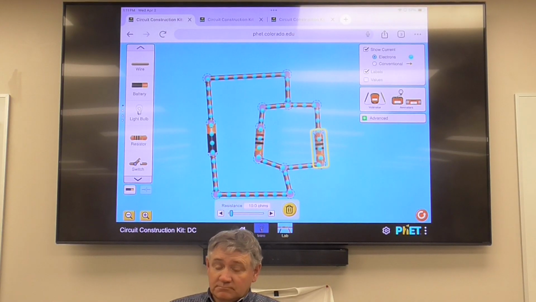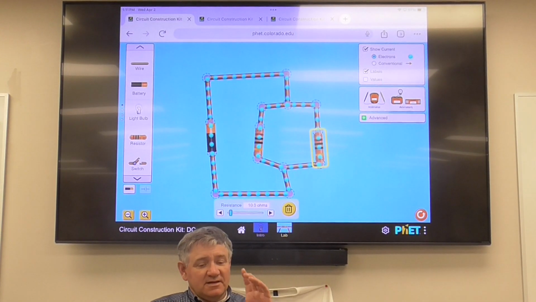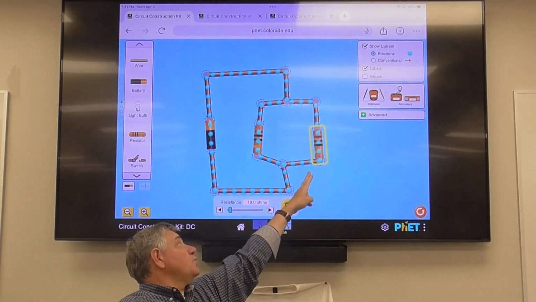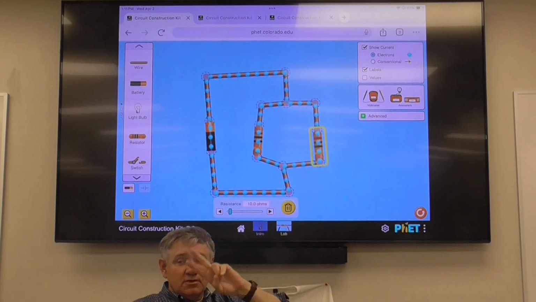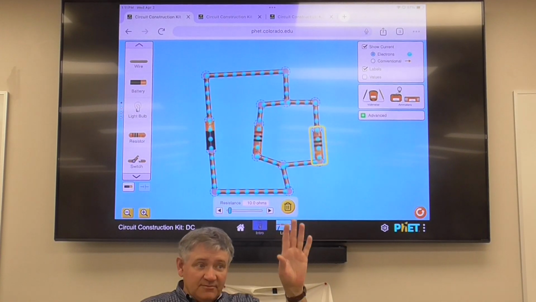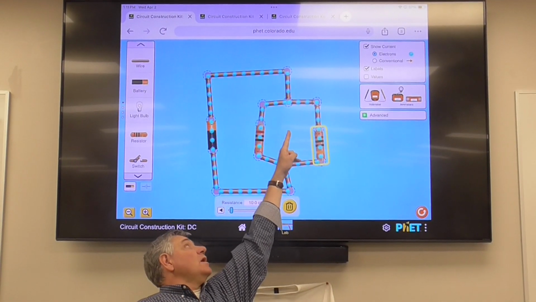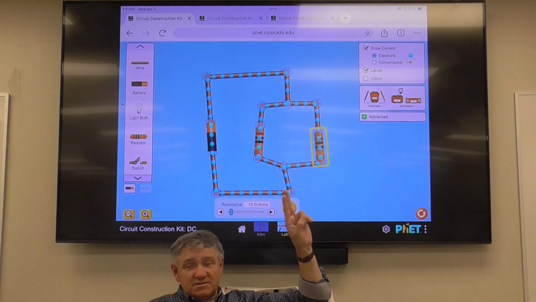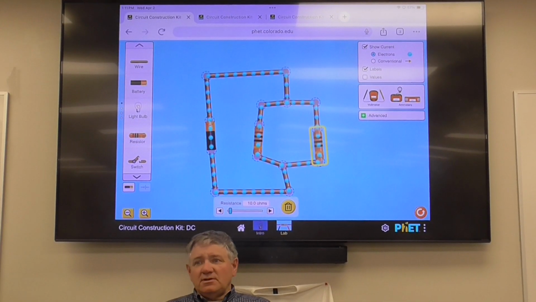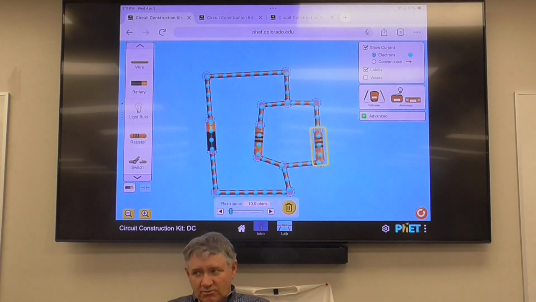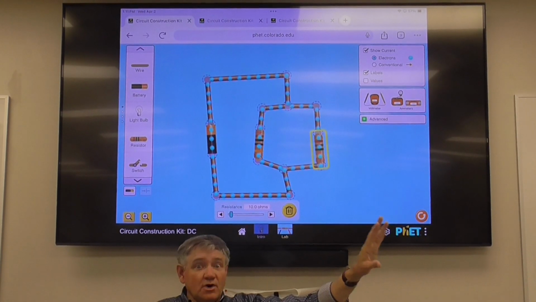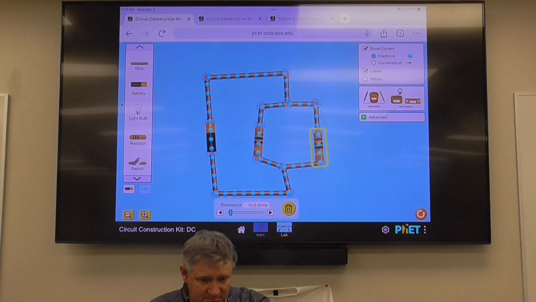So, what's the equivalent resistance of the two 10-ohm resistors in parallel? 5. So that's like saying we're gonna have one 5-ohm resistor hooked up to a 10-volt battery. So what should be the current? 2 amps, right? I take 10 volts, I divide it by 5 ohms, I should get 2 amps, okay?